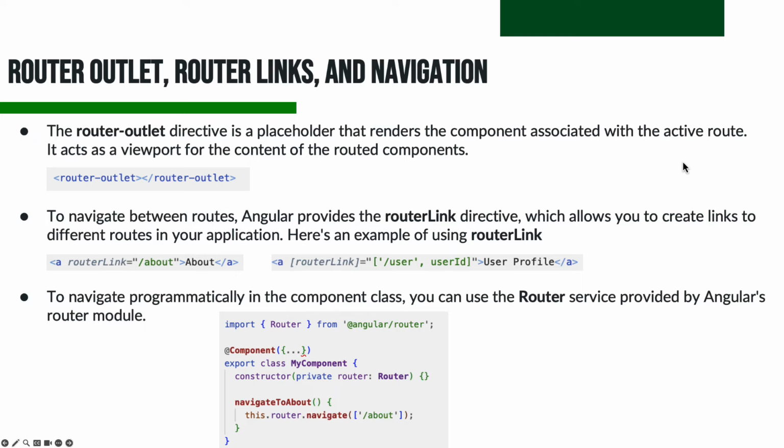So in the next part, we will see all this in action. I will show you how to use routing, how to create new routes, and how to navigate in different ways using router link, or programmatically to different paths of your application.